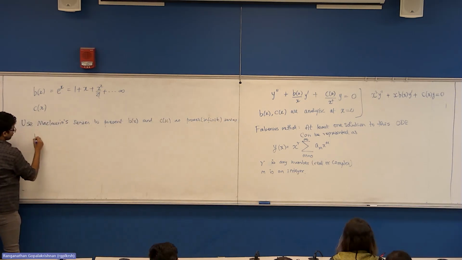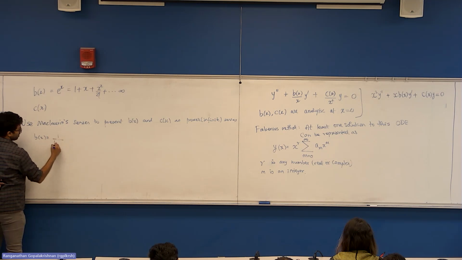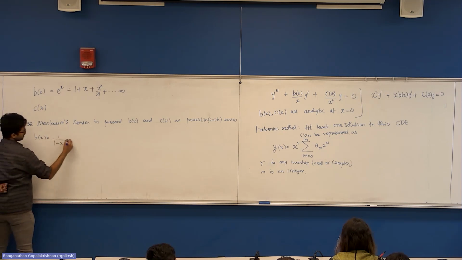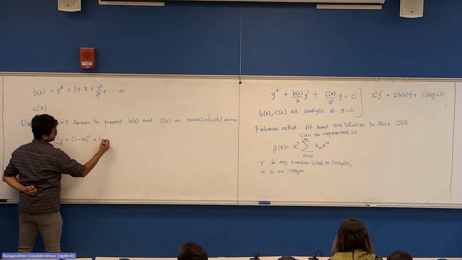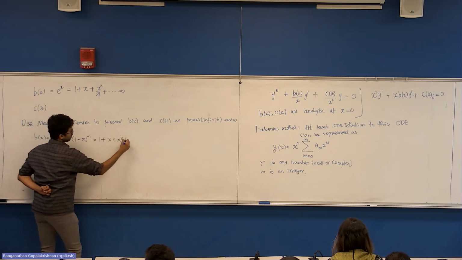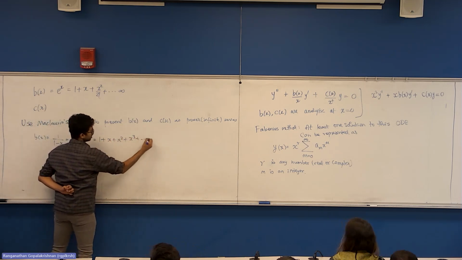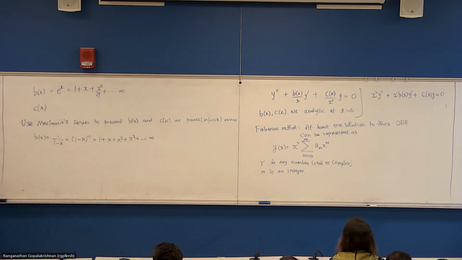Suppose b of x happens to be 1 over 1 minus x. You know this is 1 minus x power minus 1, which is 1 plus x plus x squared plus x cubed and so on up to infinity. Any analytic function can be represented as a power series.